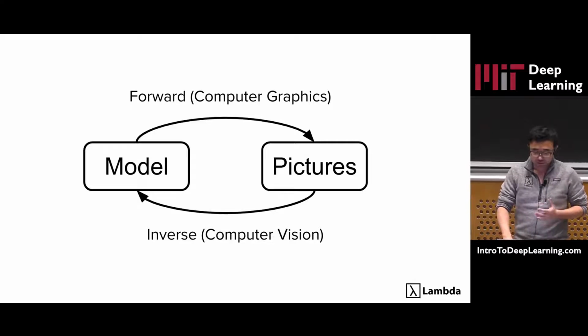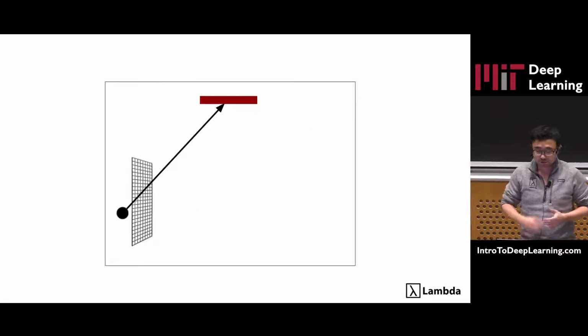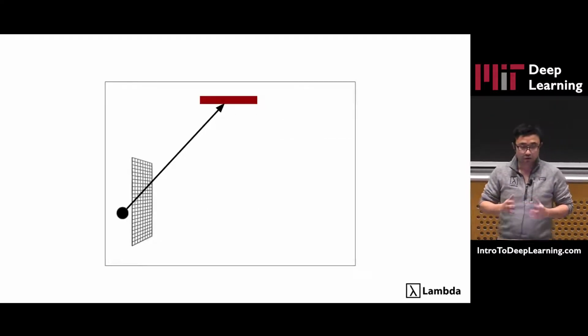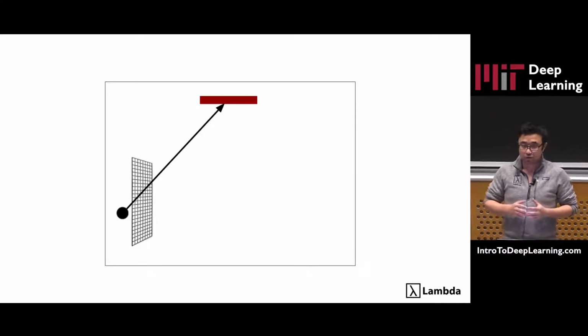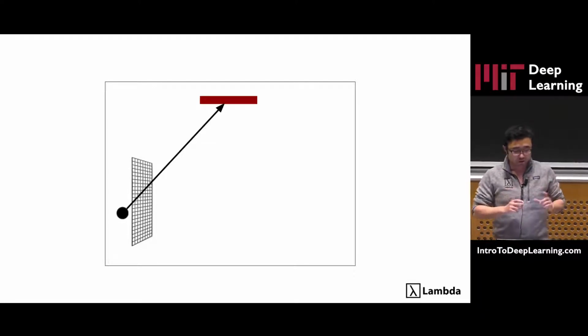But before we dive into neural networks, let's first take a very quick tour to the conventional method. This is a sort of a toy example of ray tracing, which is a widely used forward rendering technique. Imagine you are inside of a cave. The red bar is a light source, and the grid is the image plane.